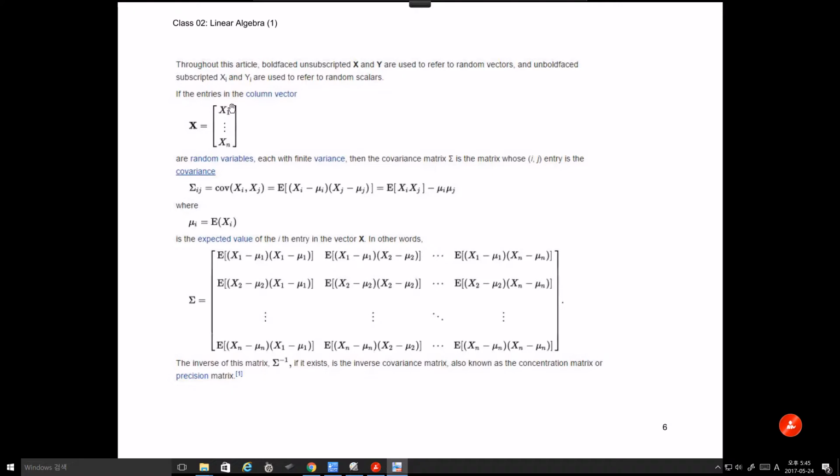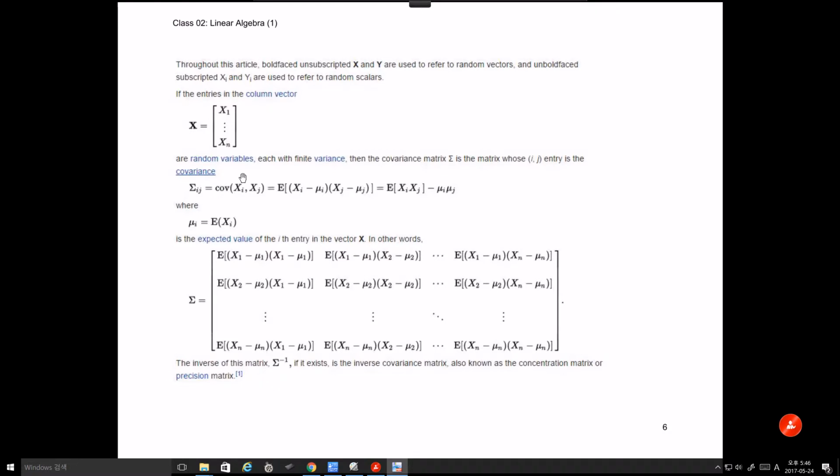Anyway, each random variable x1 to xn has finite variance, then the covariance matrix, in this case sigma, is the matrix whose i-th row and j-th entry is the covariance. So this entry sigma ij is the covariance between xi and xj.